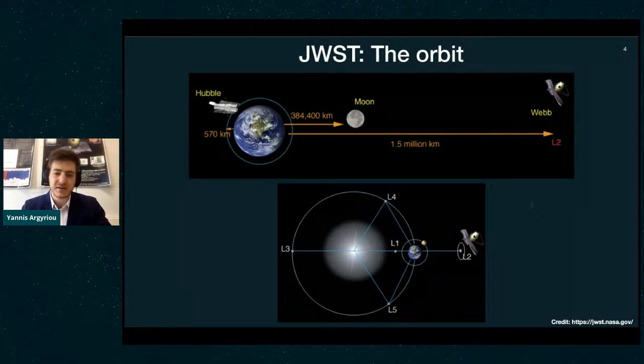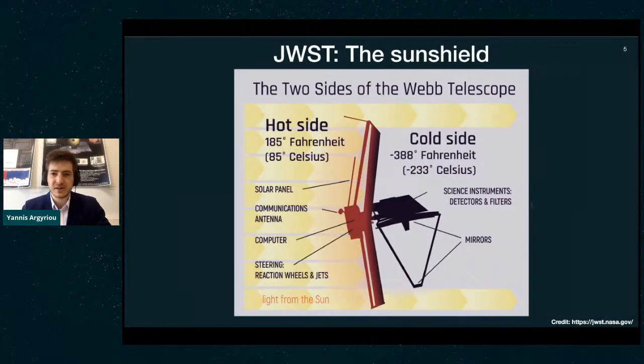And this has the nice advantage that it allows us to always point the sun shield of the telescope towards the Sun. What is the sun shield's main use? It is to block the intense radiation of the Sun from reaching the science instruments and the mirrors. So the sun shield, as you can see on this slide, will be dividing the environment into 2 sides.